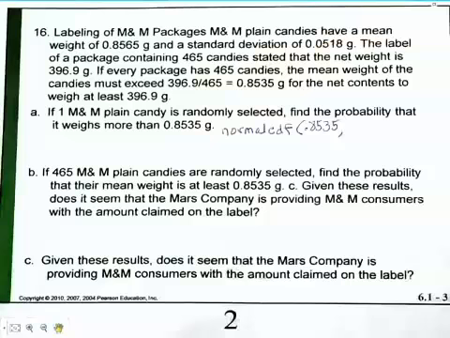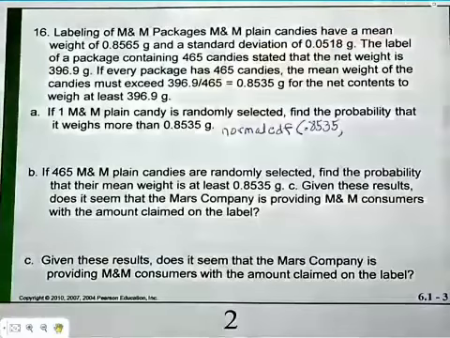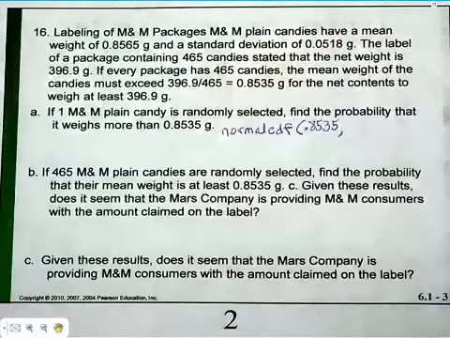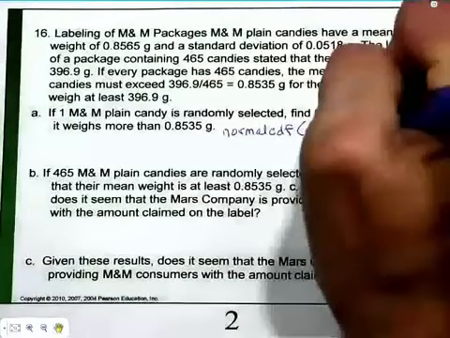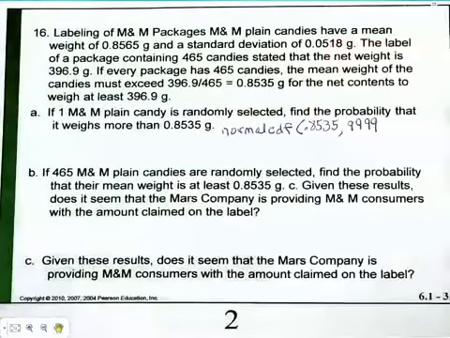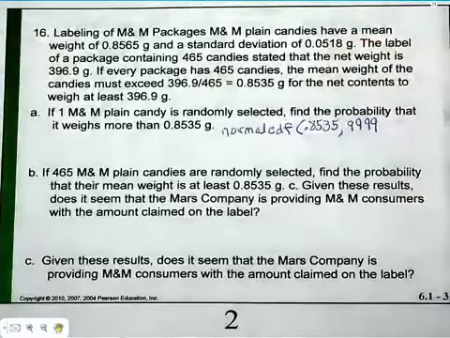How much more than 0.8535? Forever to the right, an infinitely big M&M that weighed 9,999 grams. There are not going to be any M&Ms out there, so you don't have to worry about it.